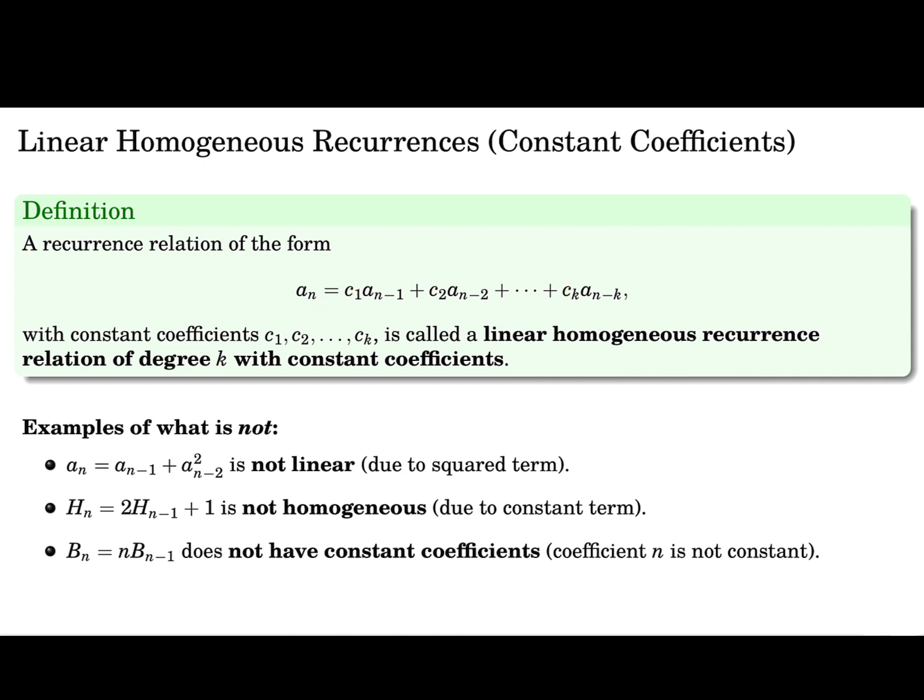So c1 might be 5, c2 might be 7, maybe ck is 0, and so on. An example that doesn't have constant coefficients would be something like bn equal to n times bn minus 1. As n grows, how much you multiply by also grows, so these are not constant coefficients. And of course, the degree means how far back you go. This is the degree, the n minus k here.